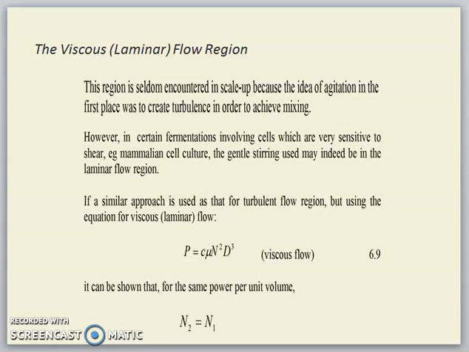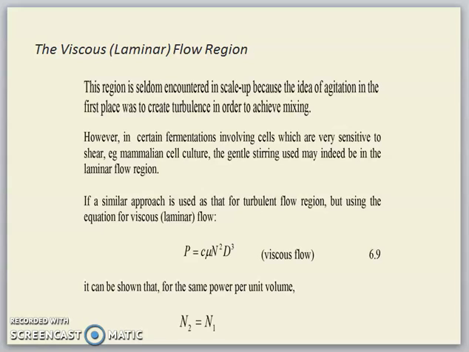However, in certain fermentations involving cells which are very sensitive, they might need this type of flow region, a very smooth, slow stirring, such as mammalian cell culture. Gentle stirring may indeed be laminar because we don't want to damage or break the cell. So we need a very slow stirring, which forms a laminar region.